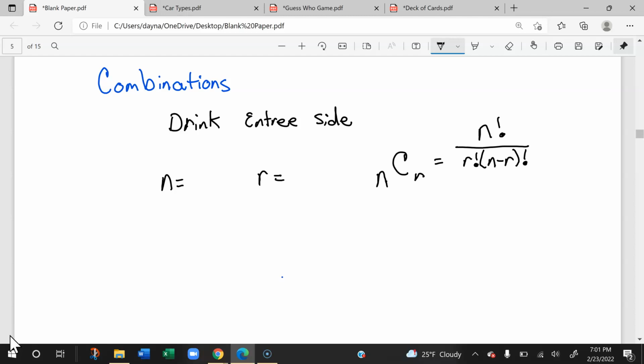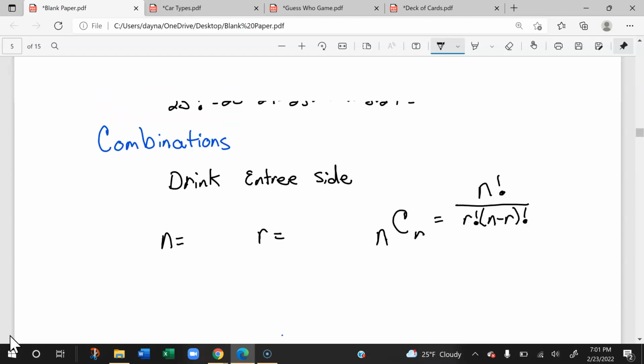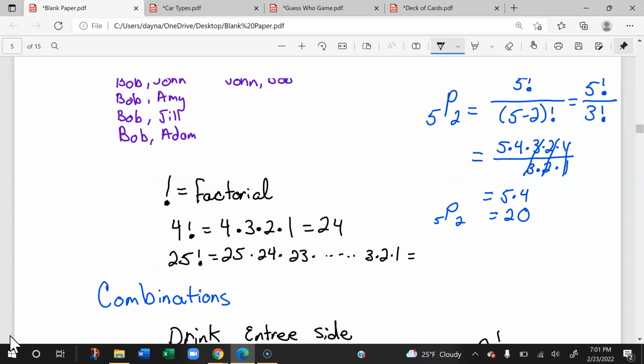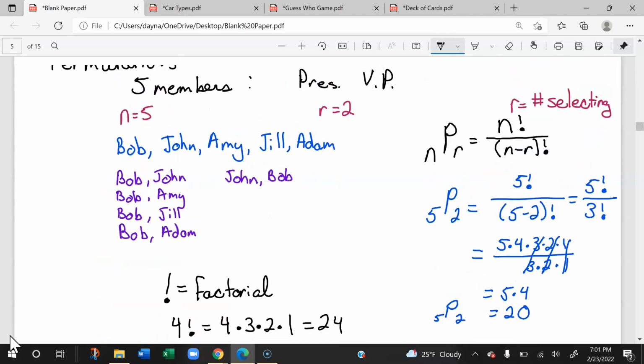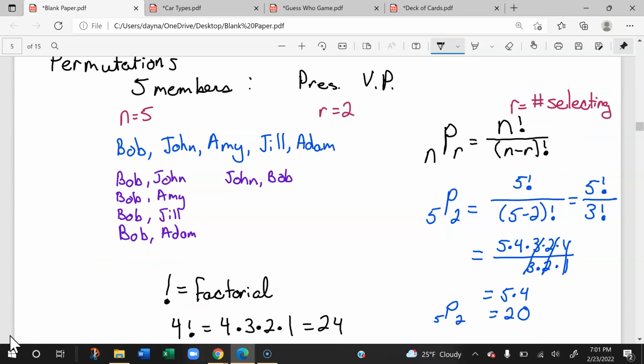The reason why, I'm going to scroll back up to where we were looking at the committee members. Okay, because here we were looking at president and vice president. Well, if I was just doing a combination where I selected two people, these two combinations now would be the exact same.